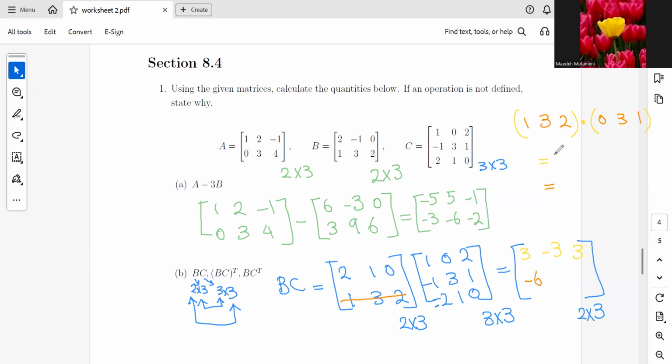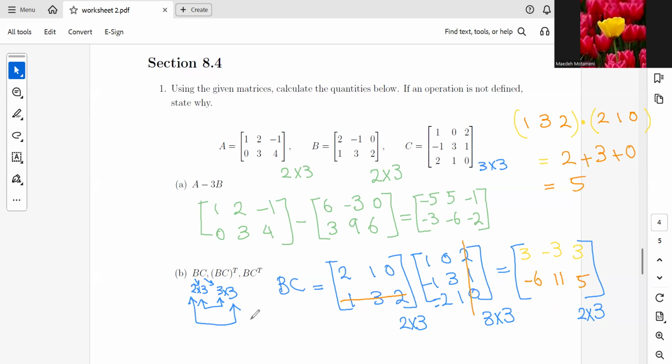It will be 0 plus 9 plus 2, which is 11. So 11 here. And the last one is the second row of the first matrix multiplied by the third column of the second matrix, which is 2, 1, 0. So we would have 2 plus 3 plus 0, which is 5.